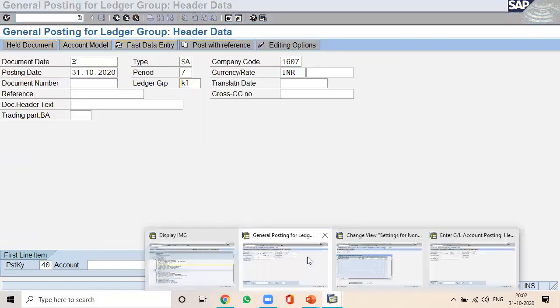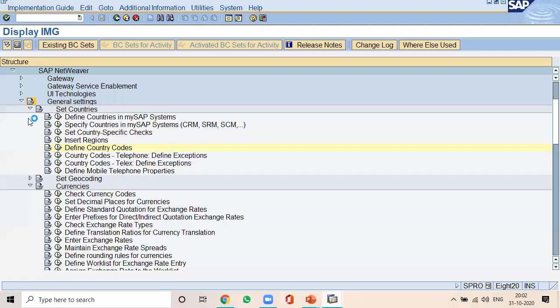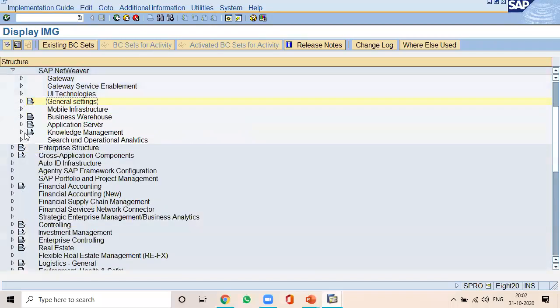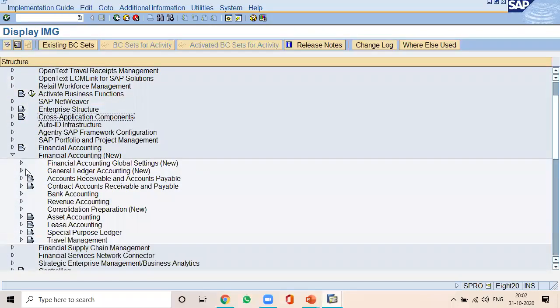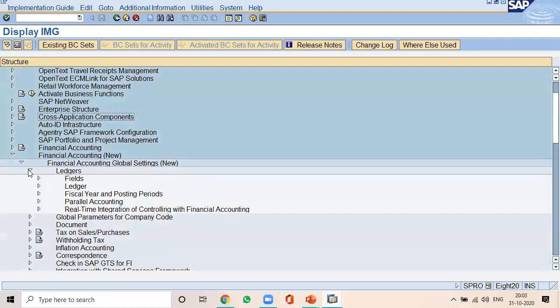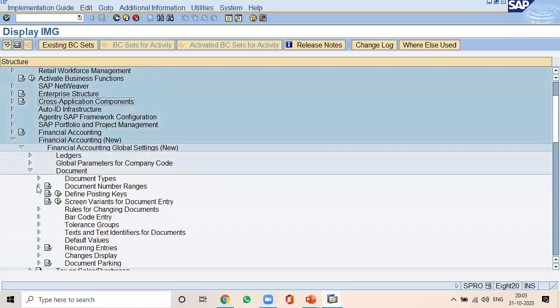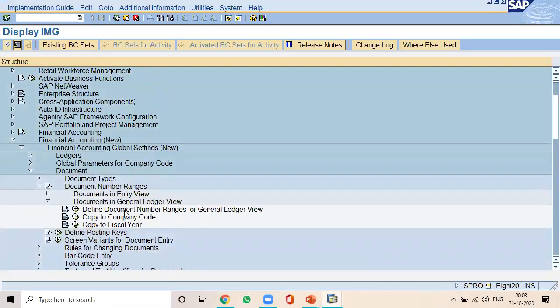That was done here. Finance Accounting New, Finance Accounting Global Settings New, Document, Documents in the Ledger View, define number ranges for general ledger view.